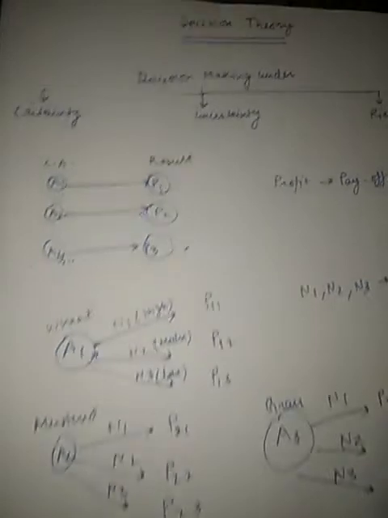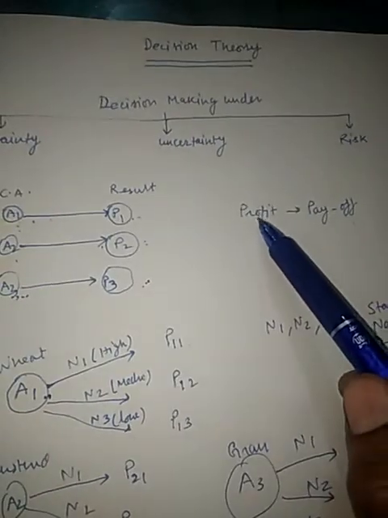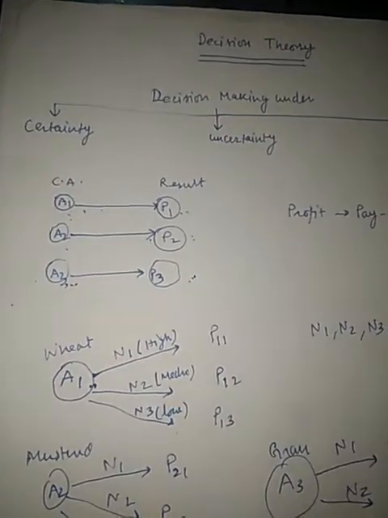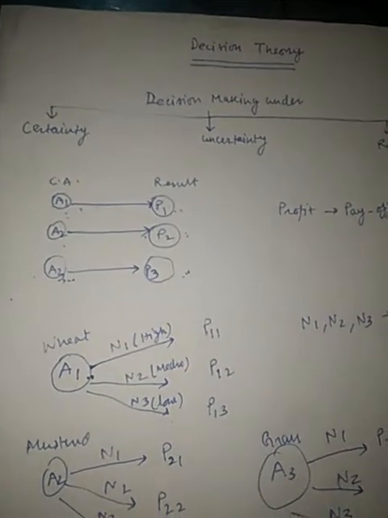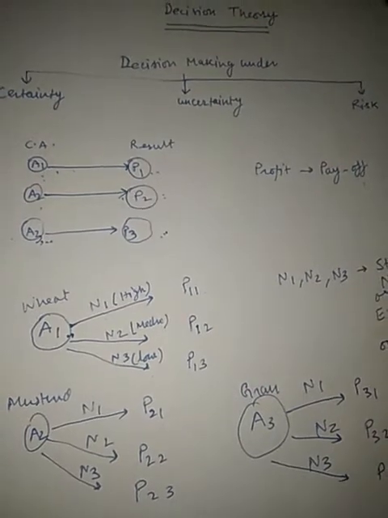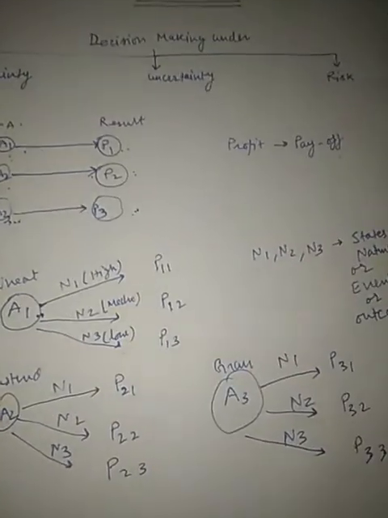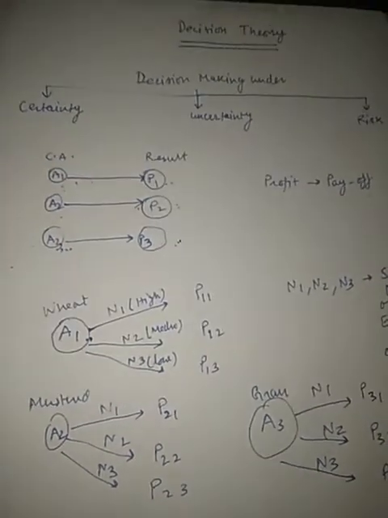Here we are updated with some new terminology: generally we say profit as payoff, and n1, n2 and n3 are the factors which are not in anybody's control. This is something natural, or something in God's hand, which is known as states of nature, or we say events or outcomes.